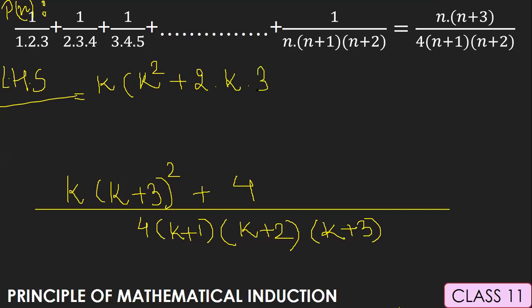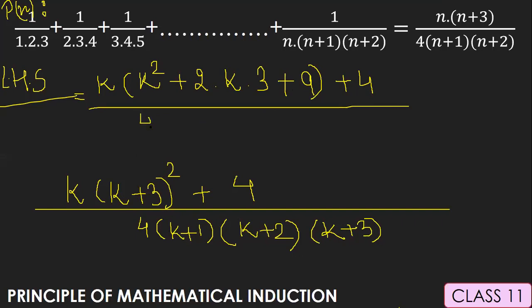Plus 3 square is 9. And plus 4. This is your numerator. Now it would be divided by this whole 4 into k plus 1 into k plus 2 into k plus 3.